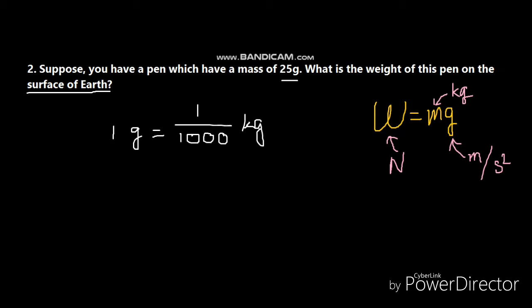So by placing the value 25 gram here, we get that 25 gram is equal to 1 times 25 over 1000 kilogram.